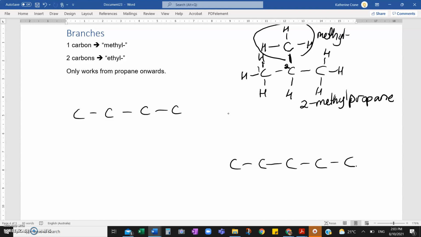Okay, so let's look at another one. Let's look at butane. So what if, again, we just have 1 group, hydrogen there, hydrogen there. This is a long way of writing out all the hydrogens, but to start with, I think it's really important that you don't forget where they are, because you can't start the simplified ones until you recognize how the bonding works with all these.